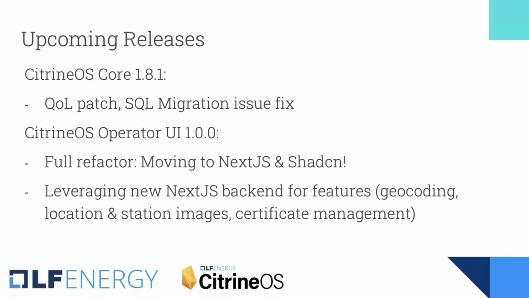The new Next.js backend we'll use for some features that we weren't previously able to support without a backend for the front end, like geocoding, hosting images for locations and stations, and hosting certificate files, which should make it easier to manage the certificates needed for OCPP.